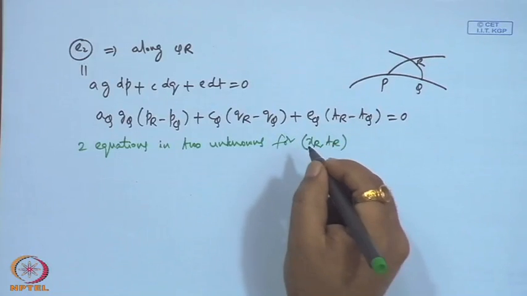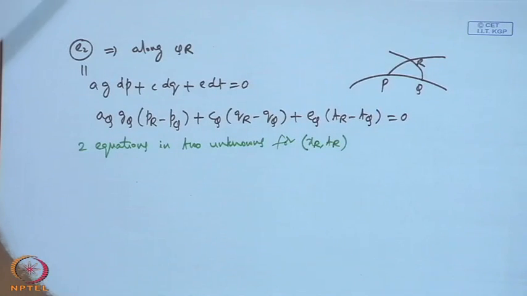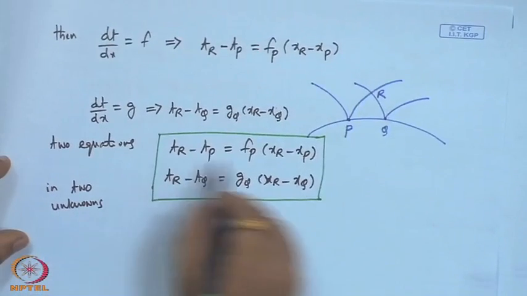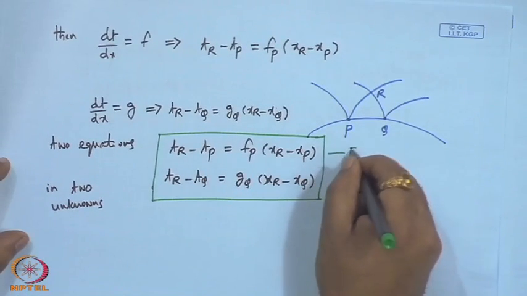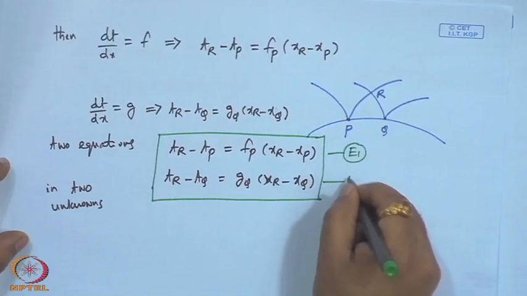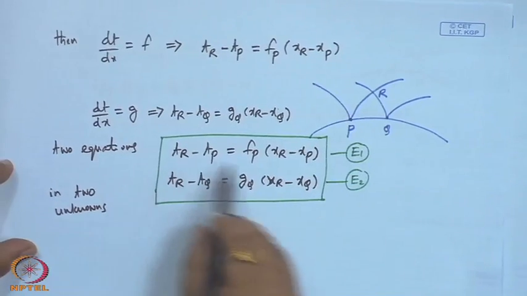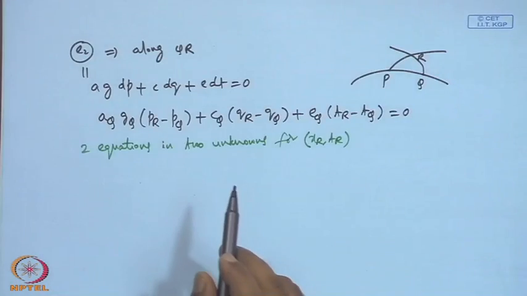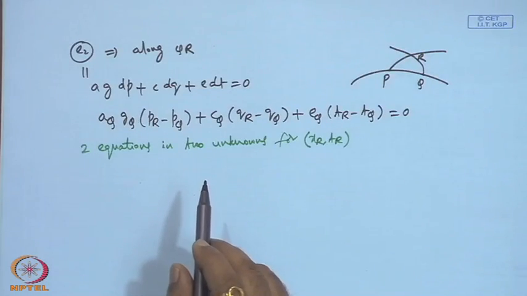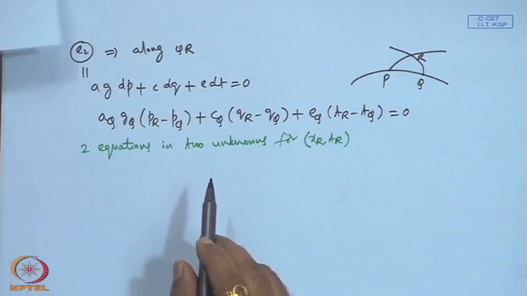This was the earlier scenario, which are these. Okay. So, call this E1, E2. So, we had these two equations in two unknowns, and right now we have obtained another two equations.